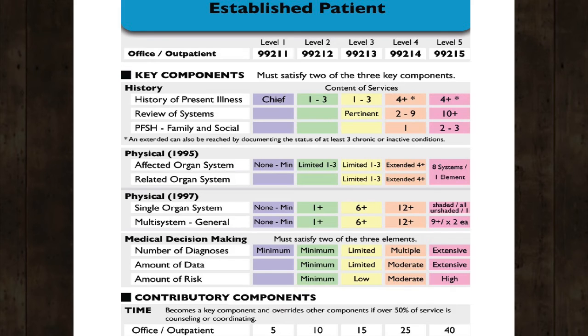If you spent 27 minutes with the patient, it's a level 4 because that's closer to 25. If you spent 20 minutes, which is halfway in between, you probably would be obligated to just drop down to the 3. But I can tell you, I've never spent 20 minutes with a patient in my entire career. There's always something else you could talk about to make it 21. And you don't have to tell the time in or time out. You document the time you spent.